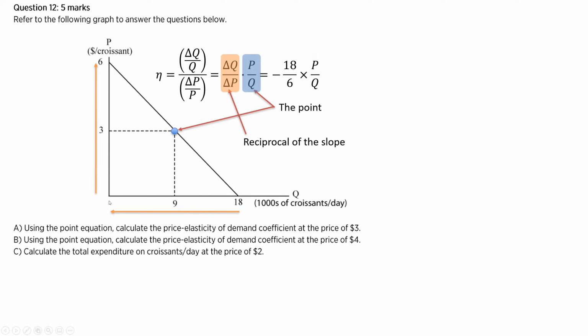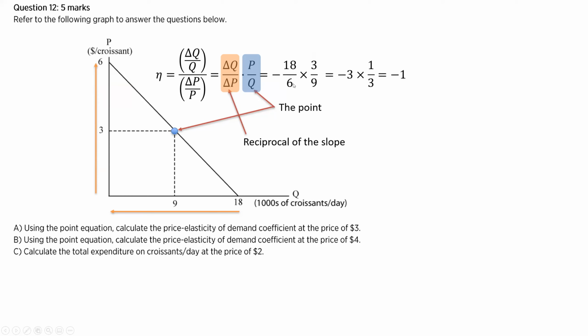We're decreasing by 18 units and increasing the price by 6. So it's negative 18 over 6 multiplied by the point. What's the point? The point is the price is 3 and the quantity is 9. So that's that. Then you just calculate it.